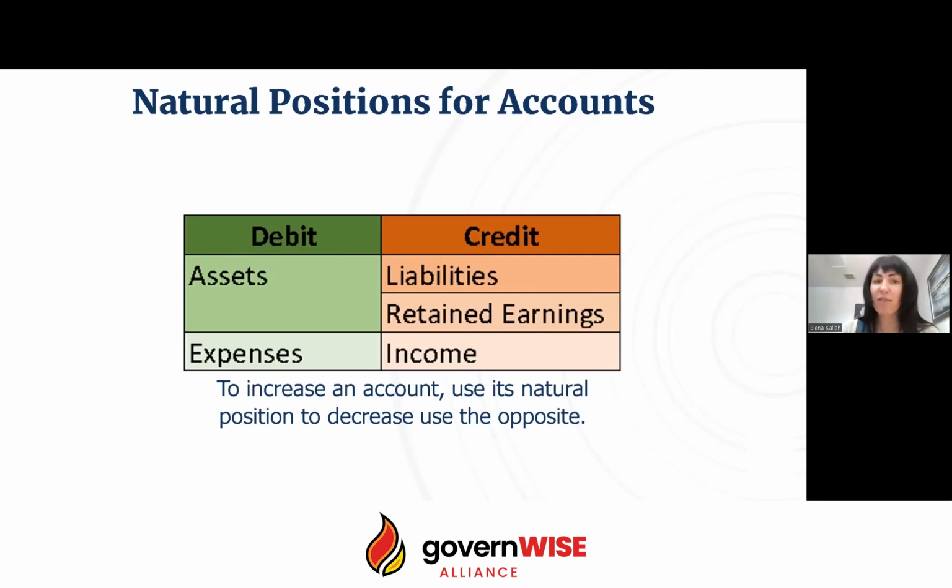So for instance, if I wanted to record $20,000 funds coming in, my journal entry would be to increase income and increase my bank account. That's what happened. So I'm increasing income, natural position is credit income, $20,000, and increasing my bank account, natural position is debit because it's an asset.